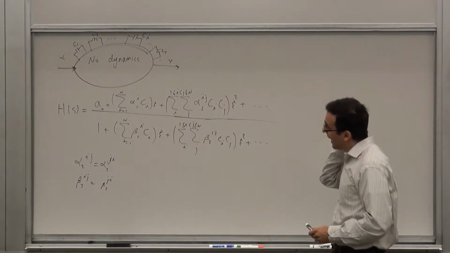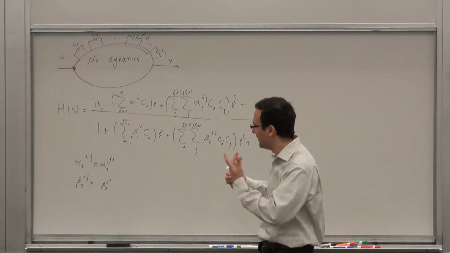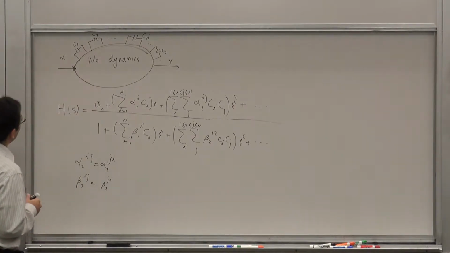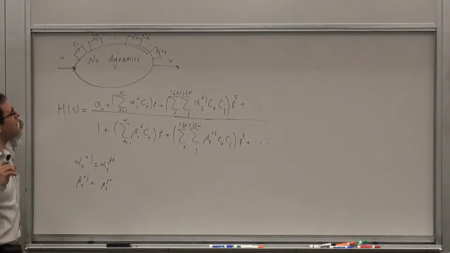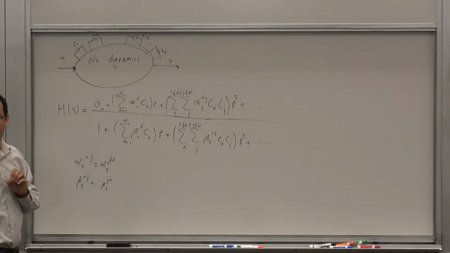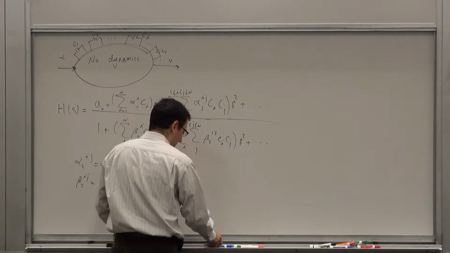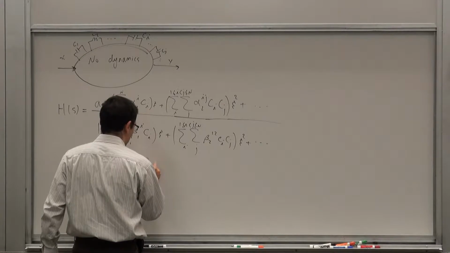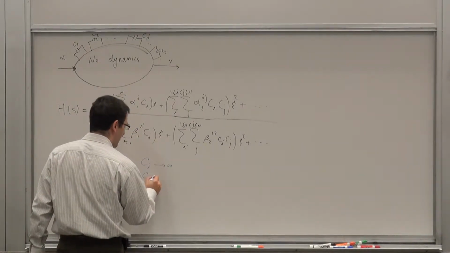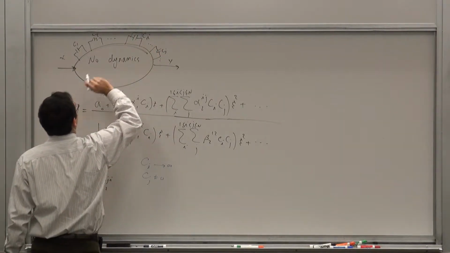Then the question is, how do we determine A2 and B2? To determine them, we do the following. Let's look at our system and make some other changes. We zero value everything other than Ci and Cj, and we set Ci going to infinity, so it's a short, with Cj non-zero.